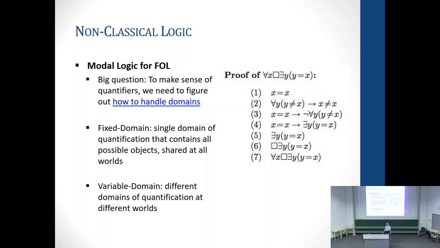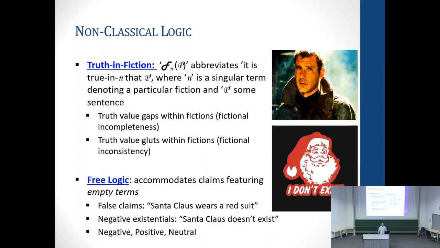Other ones that have to give up on multiple things, these are very near and dear to my heart, are questions about truth and fiction and questions about free logic. So truth and fiction is a very fun concept where what we try to understand is, what does it mean to say things like Deckard is a replicant?